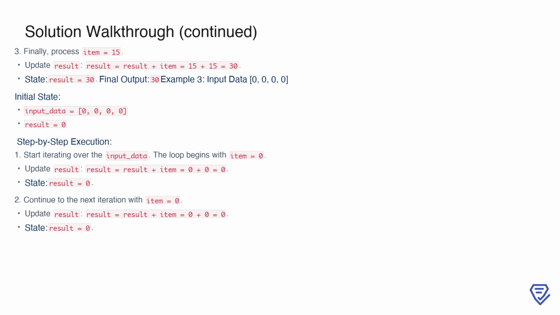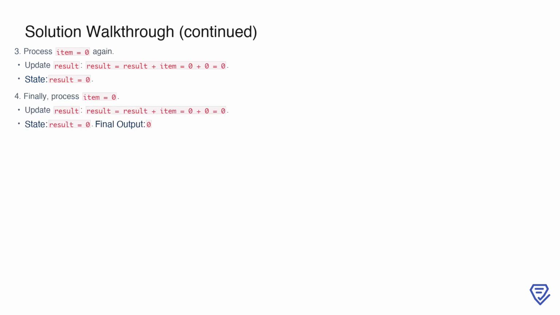Now, for the third example, the input data is 0, 0, 0, 0. As before, we initialize result to 0. Starting the iteration, the first item is 0. Adding this to the current result, 0, keeps the result unchanged at 0. The next item is also 0, and adding it to the current result, 0, still leaves result at 0. The third item in the input data is 0.